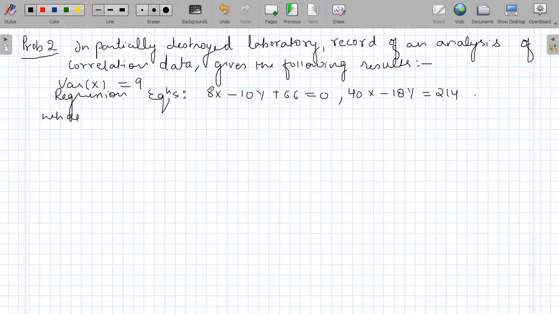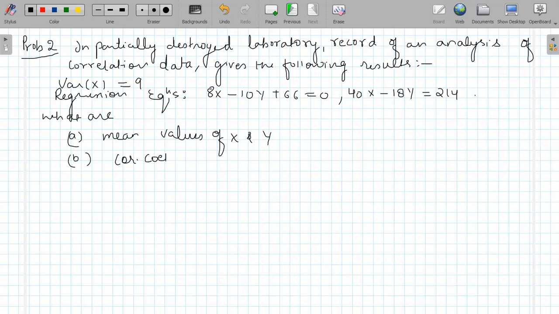What are mean values of x and y? Mean values of x and y, that is average value. Correlation coefficient between x and y.